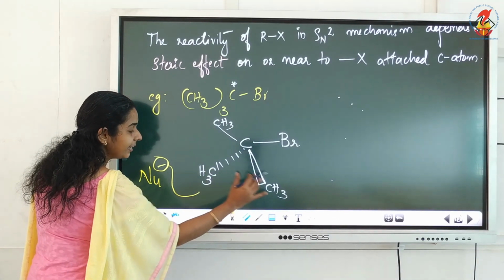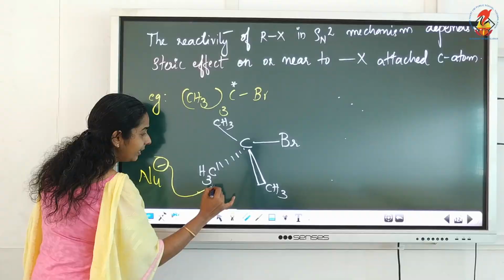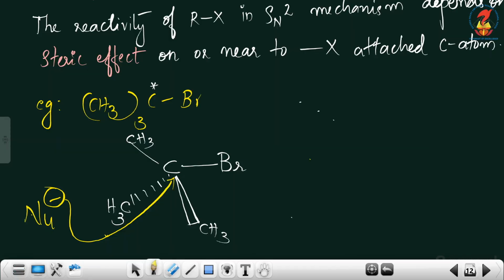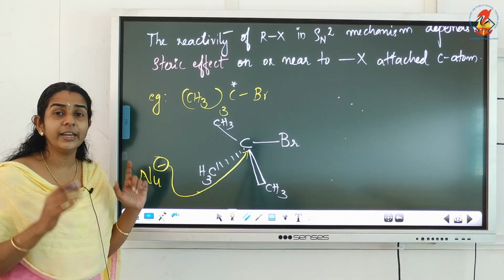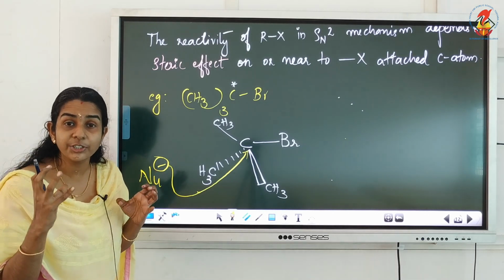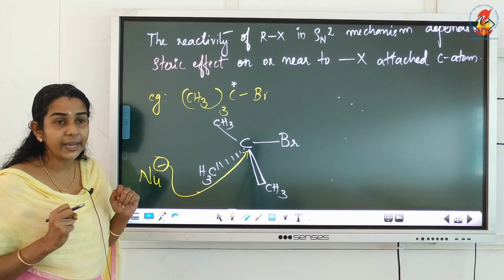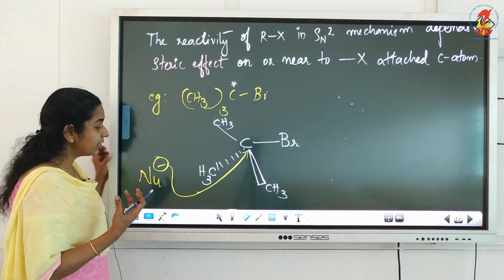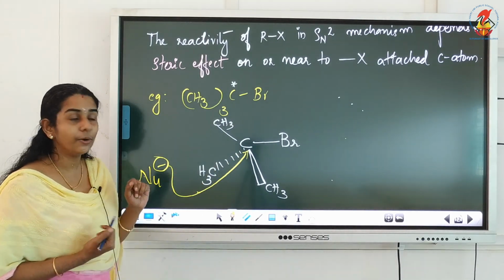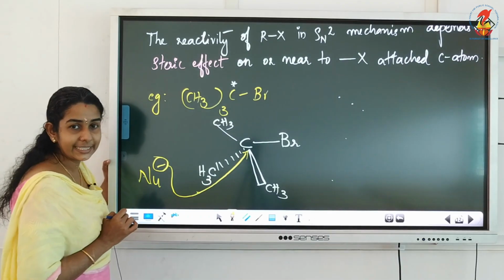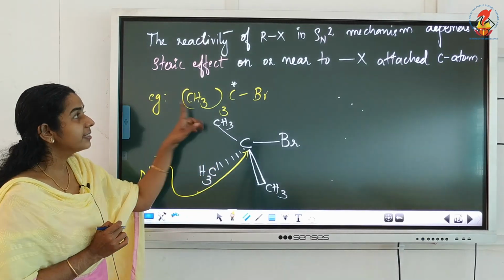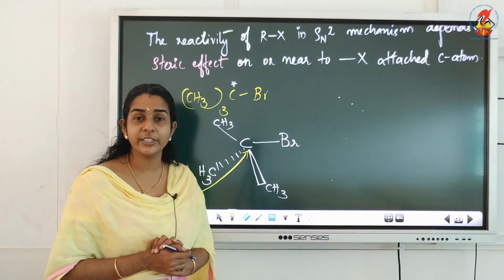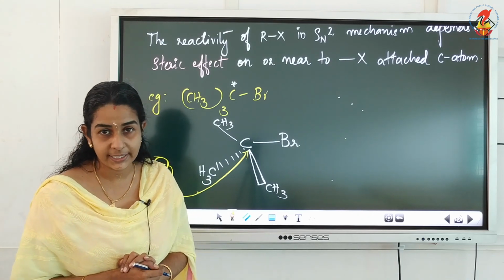This bulky methyl group will not allow this nucleophile. It will produce steric hindrance for the attack from the back side. This bulky group will not allow this nucleophile to attack on this X attached carbon easily. So, that is why the tertiary halides are least reactive towards SN2 mechanism.